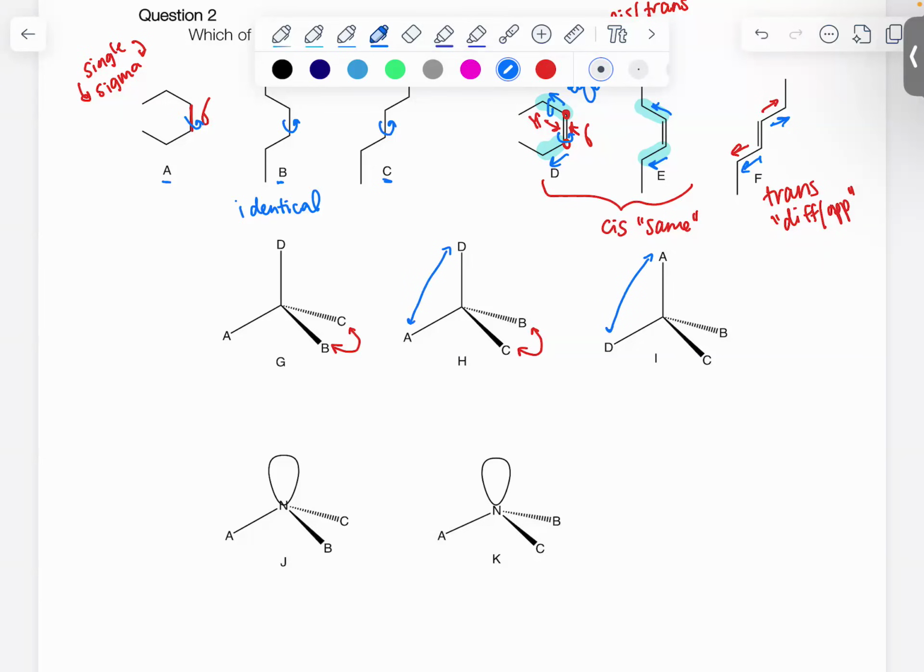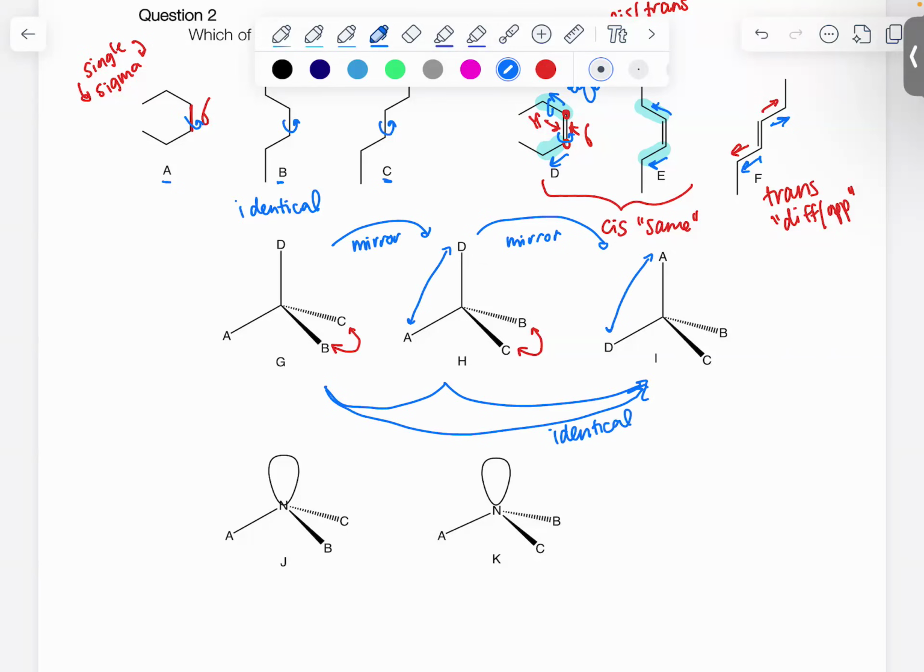And so here we have a very good example of G to H is a mirror image. H to I is a mirror image. When we take the mirror of my mirror, we end up with identical. So G and I are the same, and H is their enantiomer.